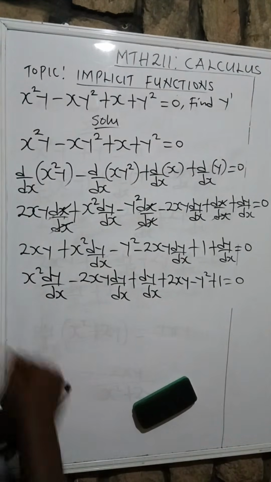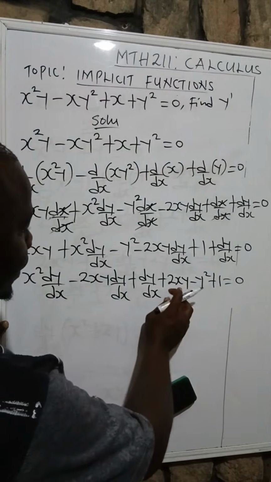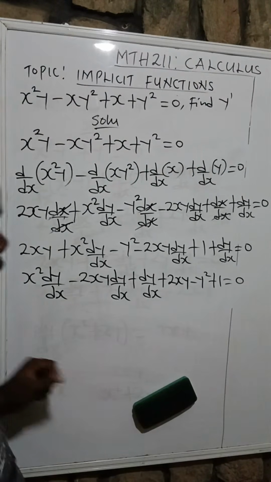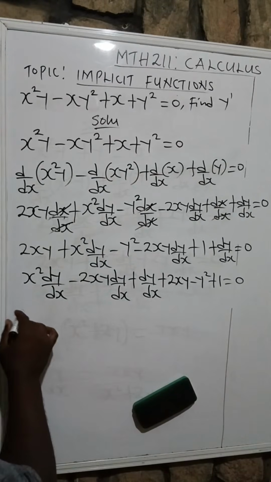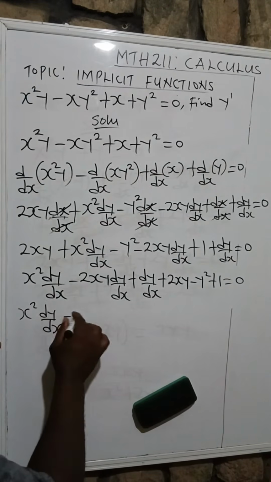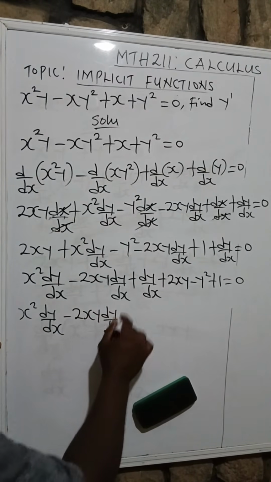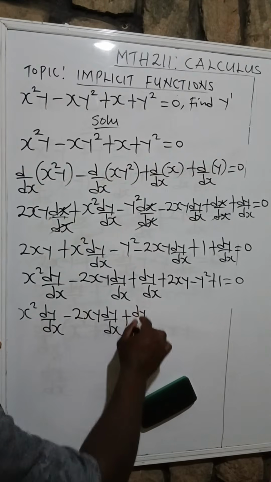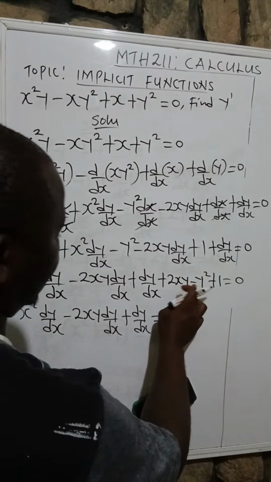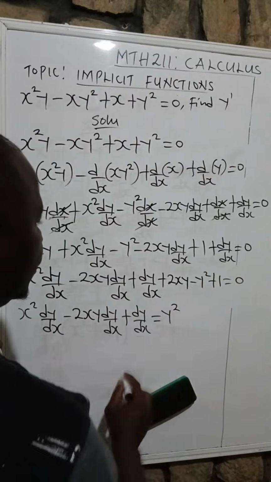Excuse me. If you can see what I am saying, we have to take this to the right hand side. So here will be x squared dy all over dx minus 2xy dy all over dx plus dy all over dx equals to, let's start with this, minus y squared crossing the sign of equality becomes plus y squared.